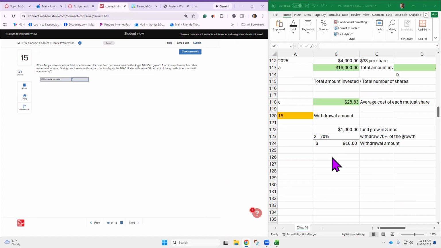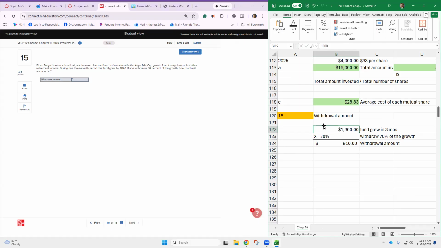Okay, last question. Tanya's retired. She has used income from her investment in the Augur Mid Cap Growth Fund to supplement her other retirement income. During one 3-month period, the fund grew by $840. If she withdraws 60% of the growth, how much will she have? All right, so she's going to withdraw.